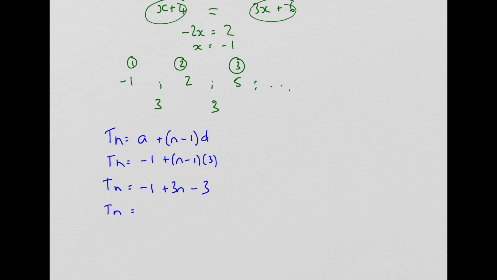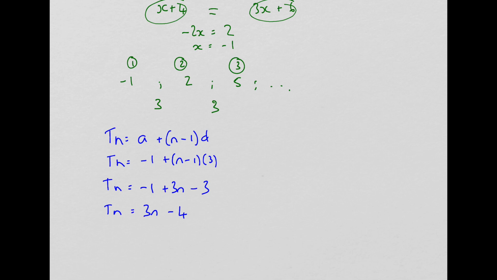So Tn is equal to 3n minus 4. That's the general term. In the same way, we could work out the 10th term, or they could ask which term in the sequence is equal to a particular value, and then we substitute that into the formula, the same as we did in example 1.